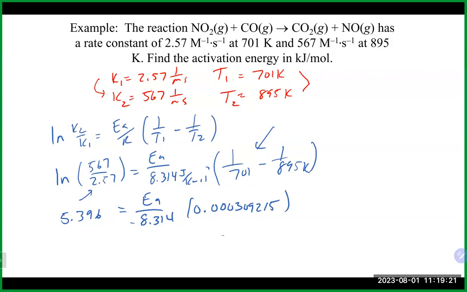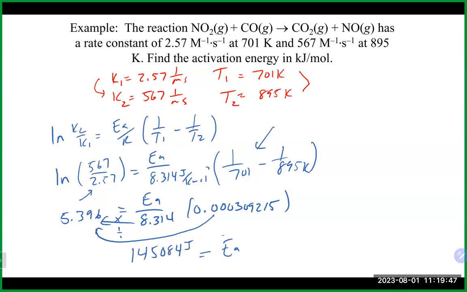I'm going to do two things here. I'm going to multiply the 8.314 to that side. I'm also going to divide that number over to the other side, so everybody gets over to the left-hand side there. So we're going to take 5.396 divided by that answer, times 8.314, and that's going to give us an Ea, or an activation energy, of 145,084.